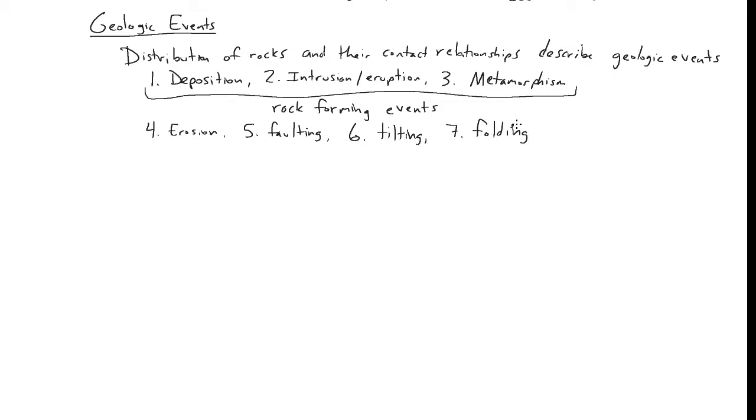So there's seven main geologic events. 3 of them that are responsible for forming rocks. 4 of them that are things that can happen to the rocks. Sort of structural things. We've talked about faulting in detail. We'll talk more about folding.